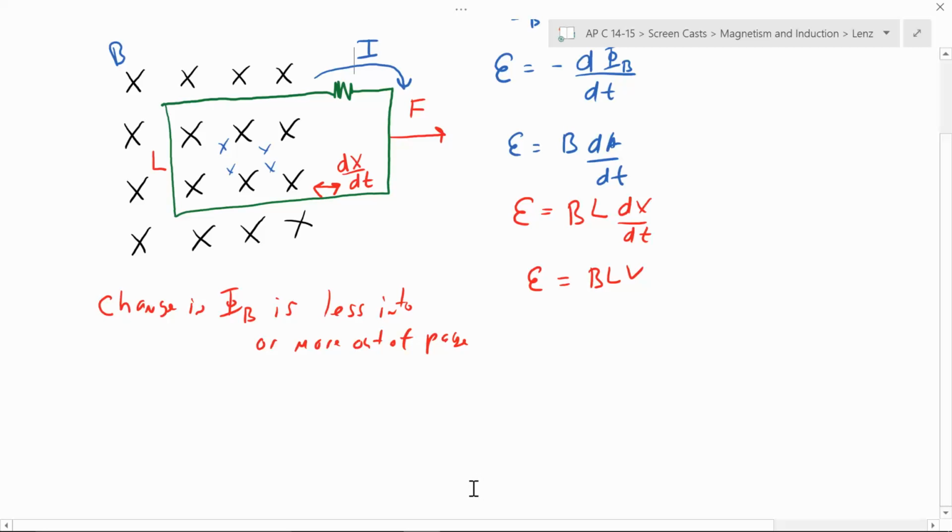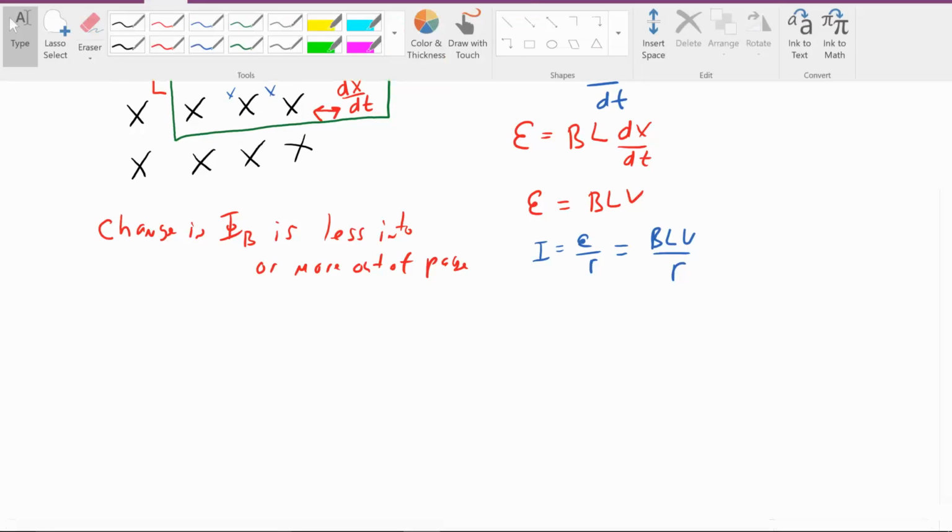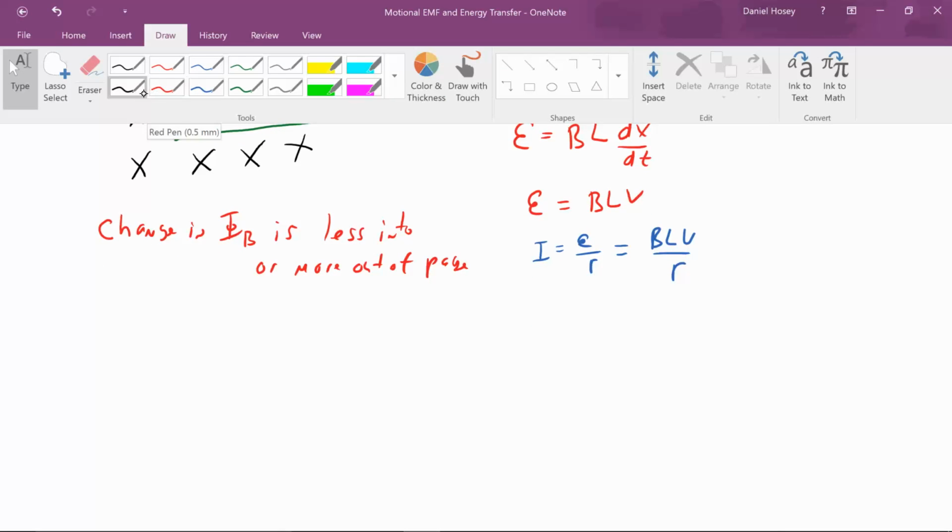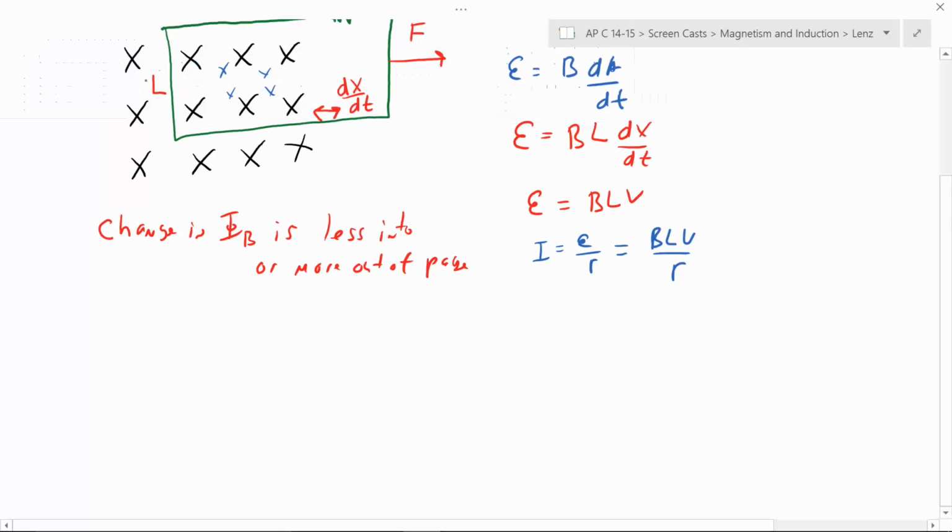Now to get the magnitude of that current, you're just going to take Ohm's law. I is going to be E over R, which is going to be BLV over R. Now, you can look at some other interesting questions like, what's the rate of power that the circuit is consuming?